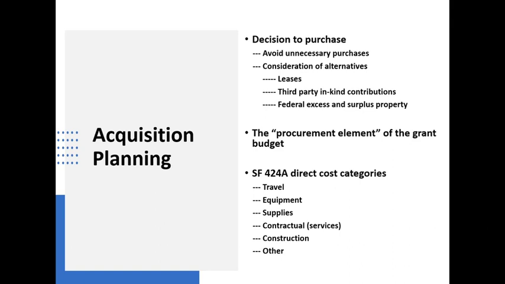There are a number of provisions in the regulations that deal with these types of matters. First is the decision to purchase. There's a provision in the regulations that says you are supposed to avoid unnecessary purchases. And some people reading that language would say, well, duh. Of course we're not going to do unnecessary purchases.